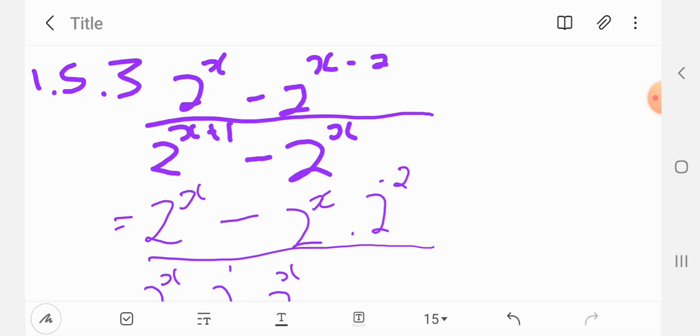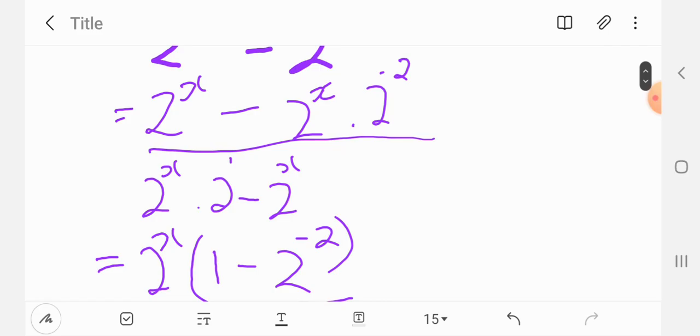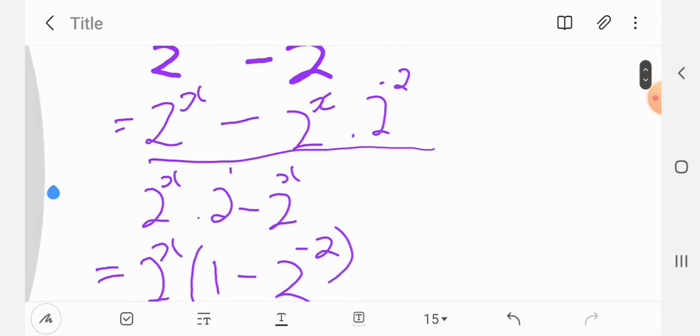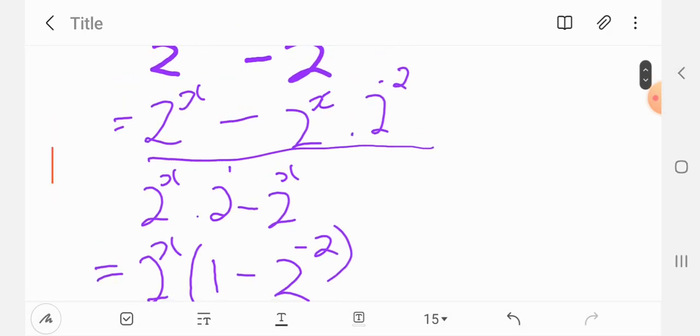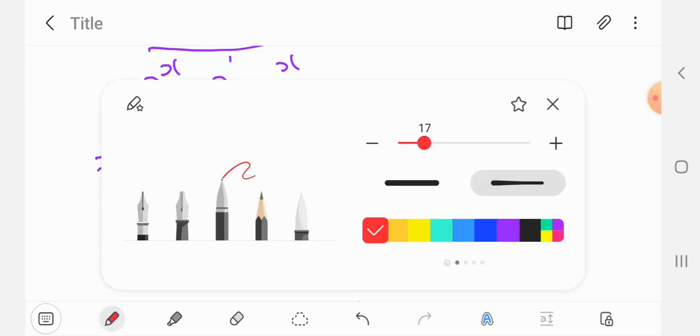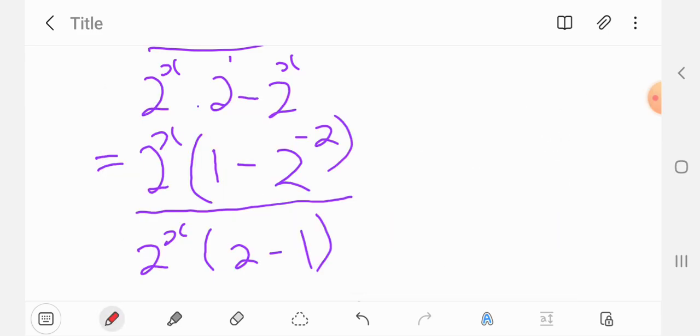So here we have 2 to the power of x minus 2 to the power of x times 2 to the power of 2. Okay, so what happened there is that we have two 2's to the power of x. So we take one of those 2 to the power of x outside because it's a common factor, this one and this one, we took them outside.